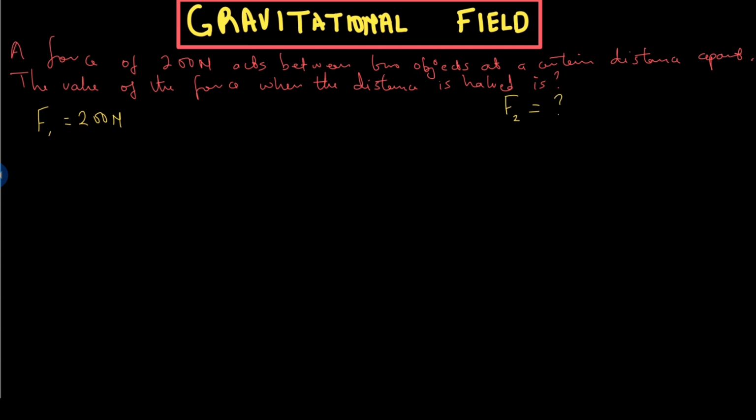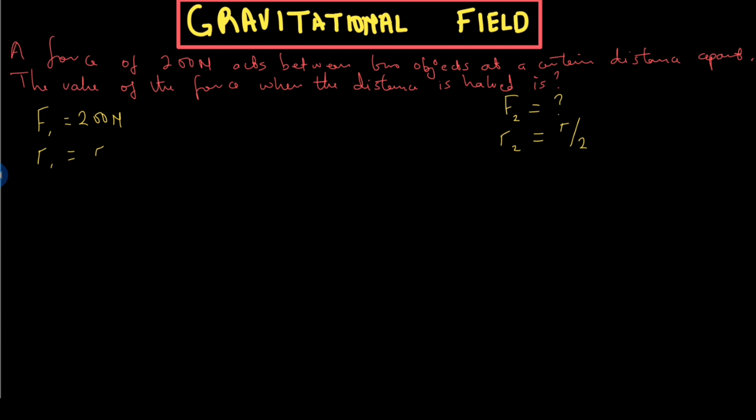Initially, the distance R1 is R, because we have no numerical value for it. Then R2, we're told R1 is halved, so R2 is R divided by 2.